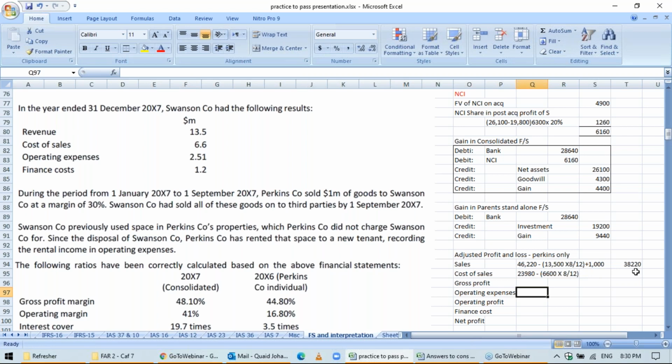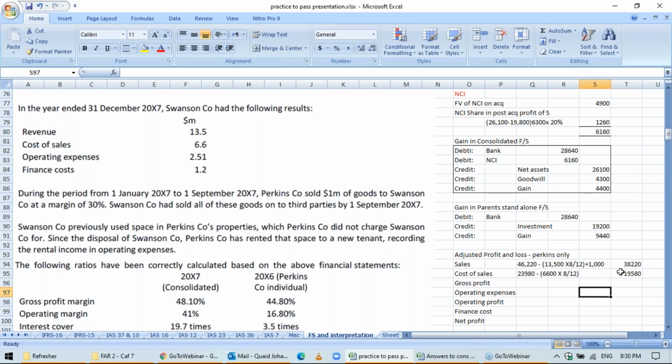And now the cost of sales is 23,980 minus the subsidiary's cost of sales. And I won't make intercompany adjustment over here, because intercompany adjustment is made from the subsidiary companies, and we are making the parent company's financial statement.